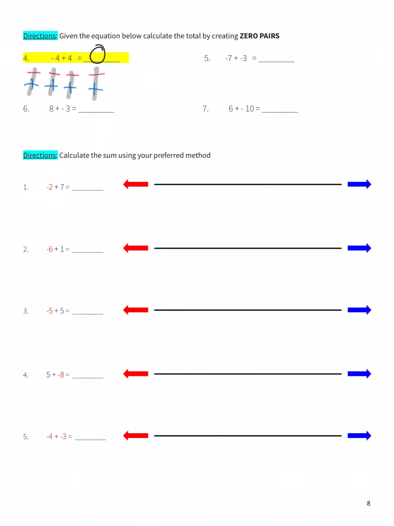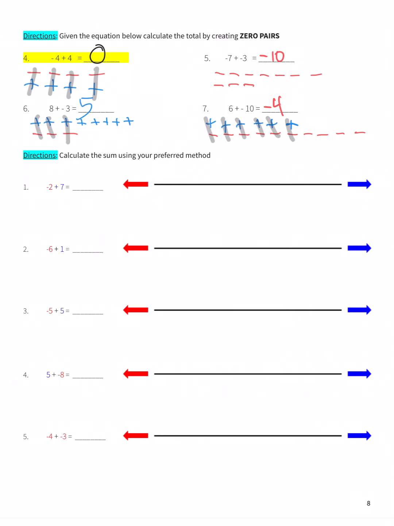So what I want you to do right now is pause the video and solve these problems by creating 0 pairs. Draw these positive and negative numbers. All right, pause, try. Okay, hopefully you tried these on your own and you drew the pretty plus and minus signs to figure it out. And you got the same answer as me, okay?